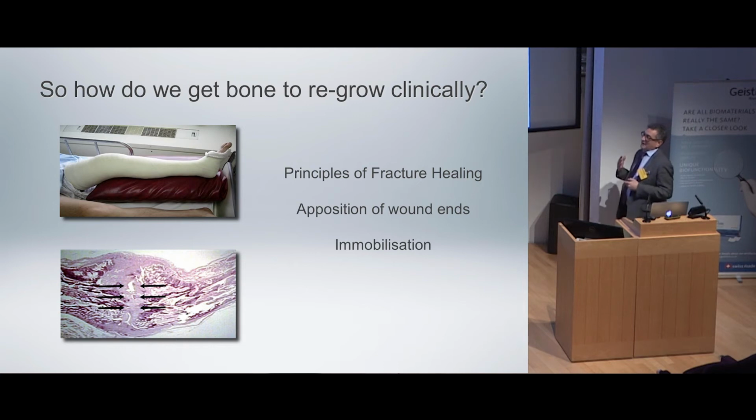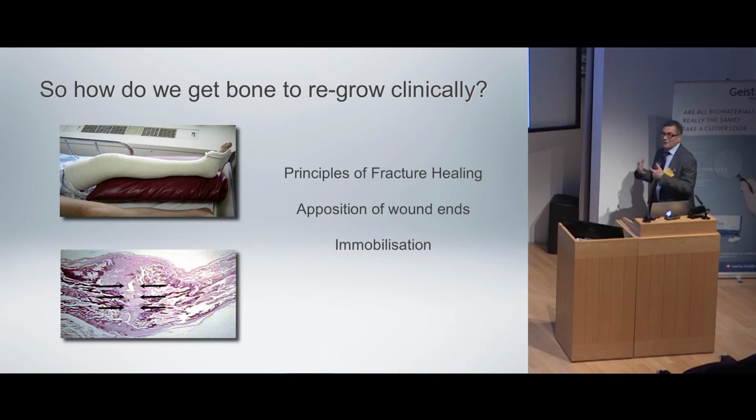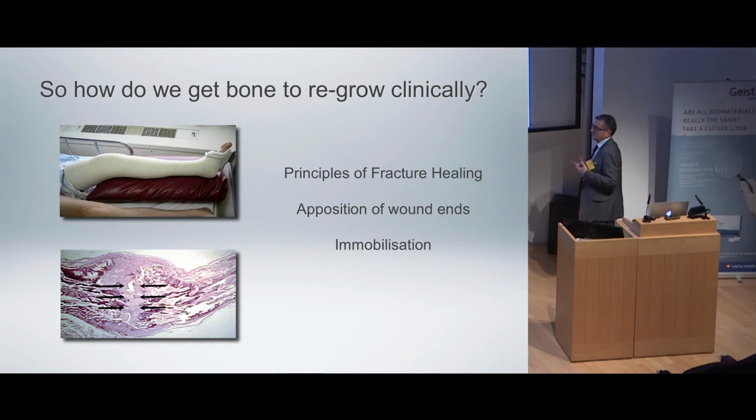And the reason for that is that when you place the two ends of the wound together, then firstly, cells that are present on both sides are able to migrate into that space. And secondly, the signals that are required to induce them to make bone are also present and stimulated in a wounded situation.